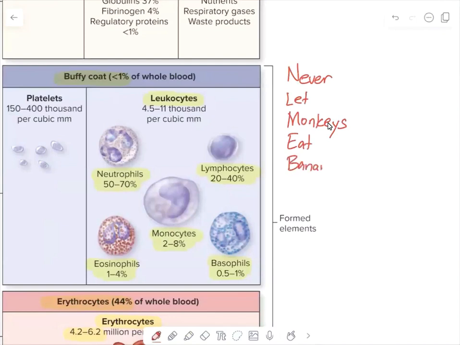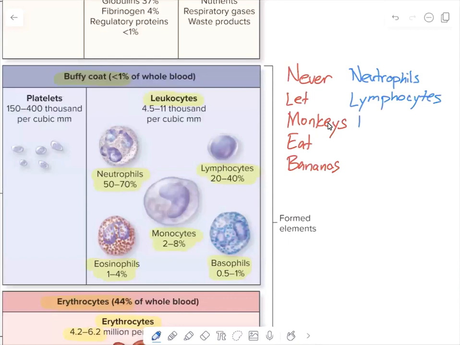And this is the number of leukocytes in order that we have by concentration. So the most concentrated would be the neutrophils, and you'll need to be able to identify them and know what their major function is. So that's 50 to 70% of the leukocytes. Then we have lymphocytes, which are 20 to 40%.